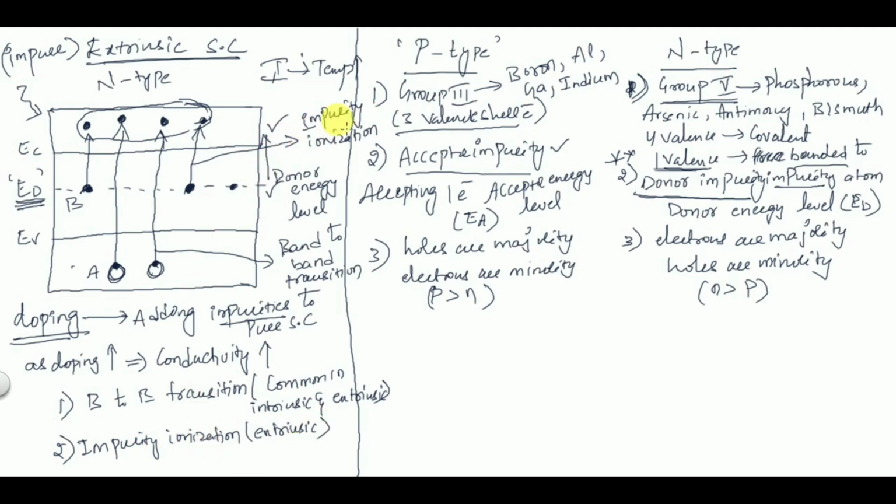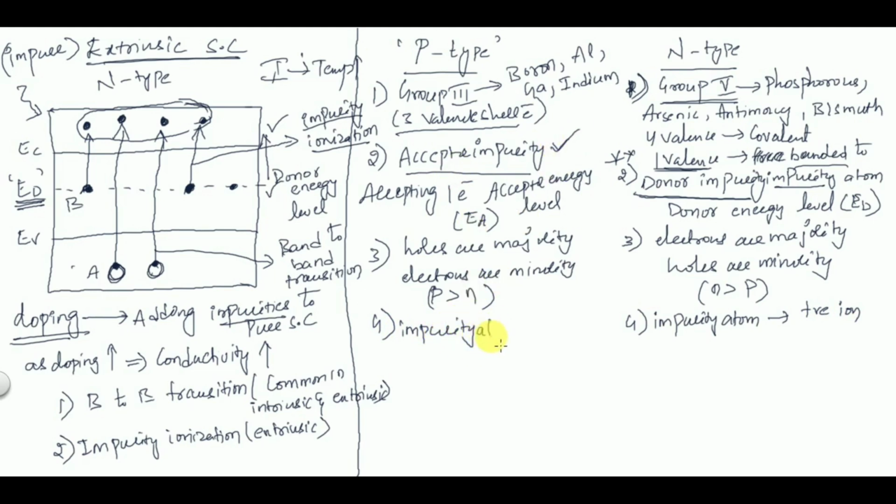So why is this process called impurity ionization? By donating an electron, the impurity atom is becoming a positive ion. This is a very, very important point. So the impurity atom will become a positive ion in the case of n-type semiconductor. Here the impurity atom will accept an electron, so it is called an acceptor impurity.